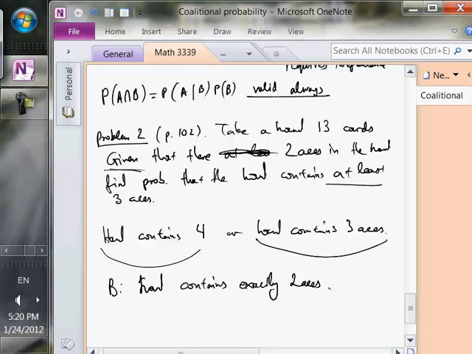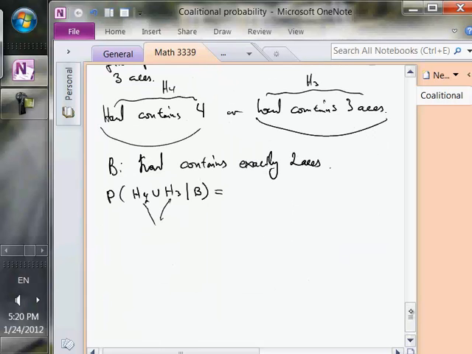What you want to calculate is, call this H4 and call this H3, the probability of H4 union H3 given the condition B. H4 and H3 are exclusive because either you have 3 aces or you have 4 aces. So those are exclusive events, and therefore that results in adding the probabilities.